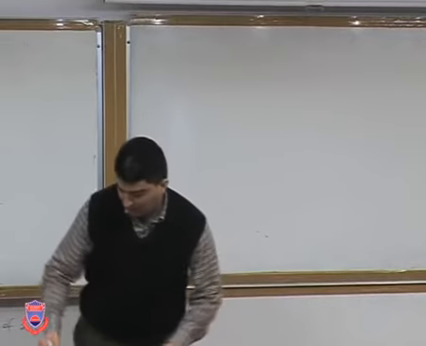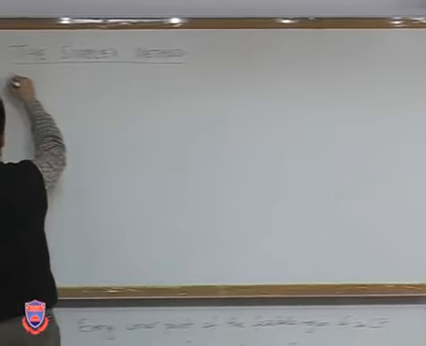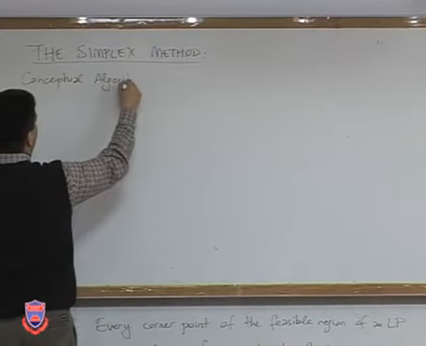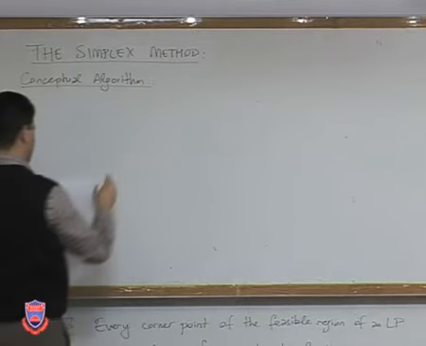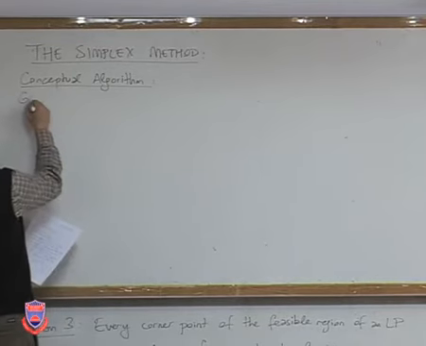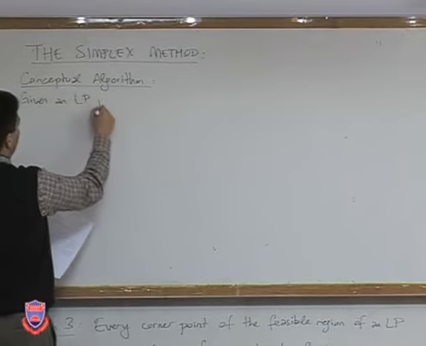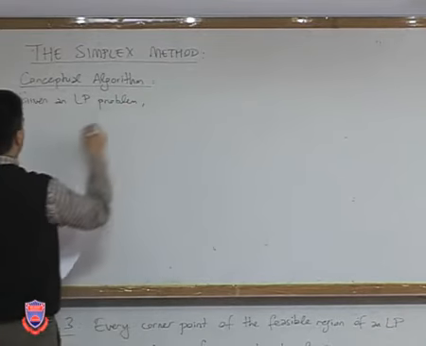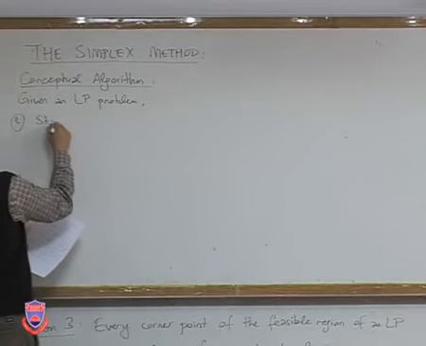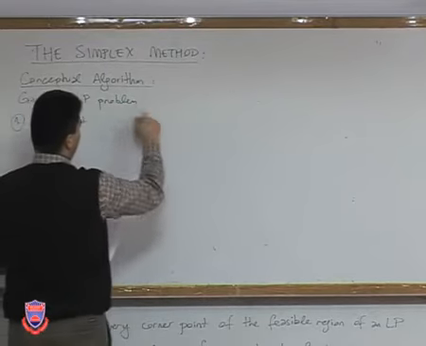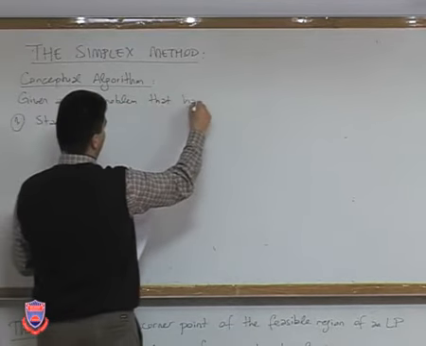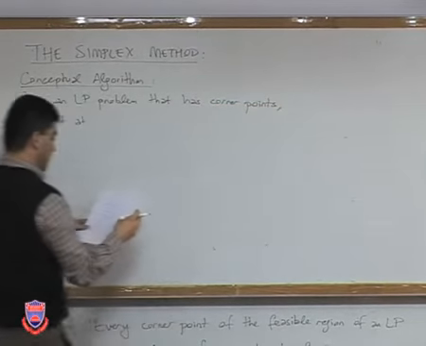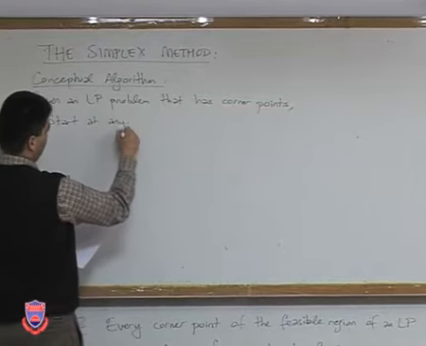So first of all, I'm going to give you the conceptual algorithm. Given an LP problem that has corner points, step 1: start at any feasible corner point.